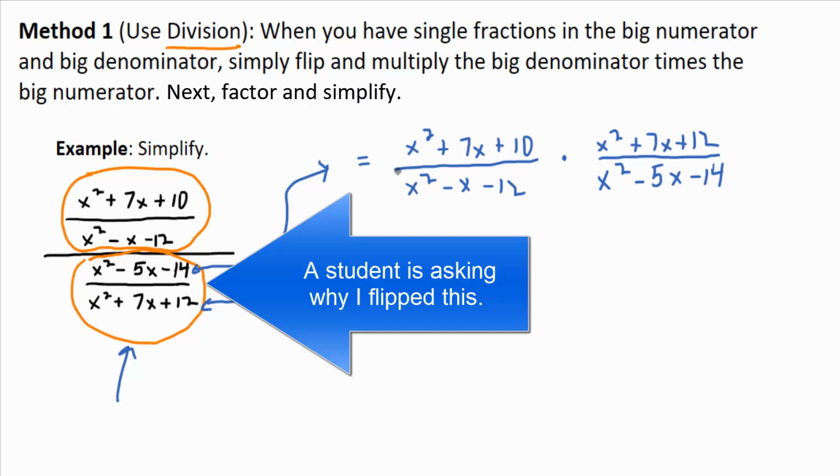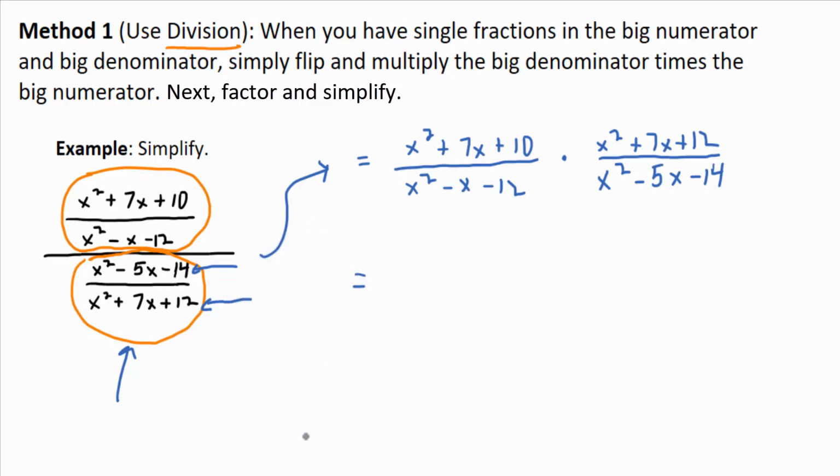Let me put it to you in the context of a problem you're familiar with. Let's say you had 3/4 divided by 5/2. How do you do that? You write it as a multiplication problem.